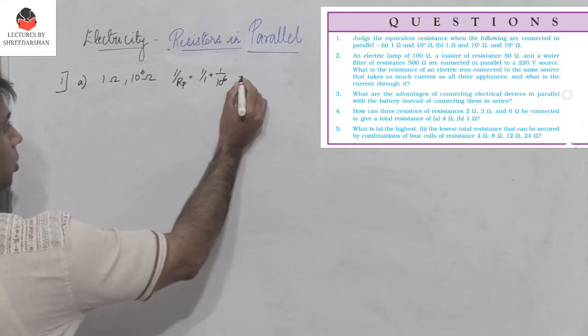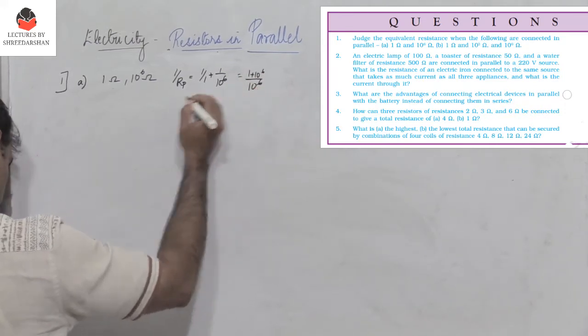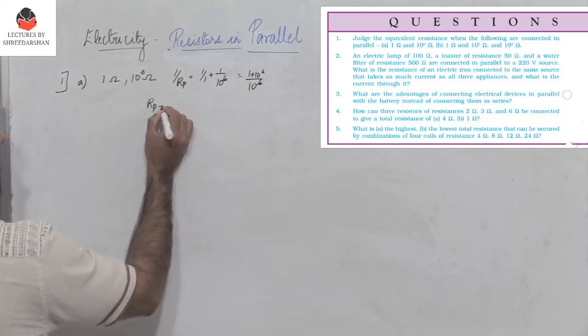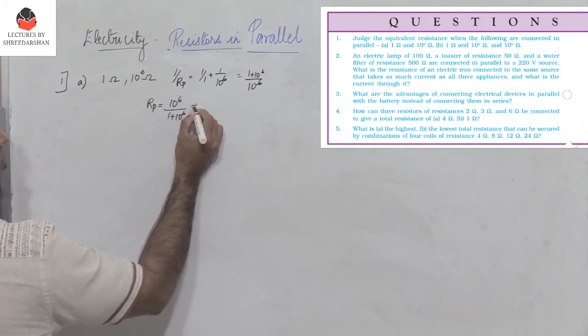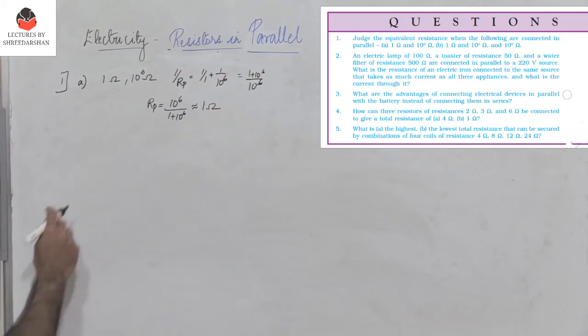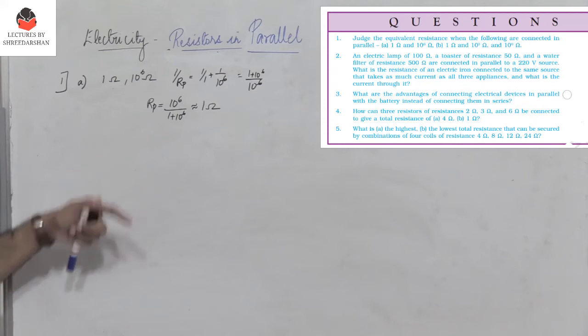So you get a value of 1 plus 10 power 6 by 10 power 6. If I take the reciprocal, Rp is 10 power 6 divided by 1 plus 10 power 6, which is approximately equal to 1 ohm. Right? 10 power 6 plus 1 is almost the same, so it is equivalent to 1.